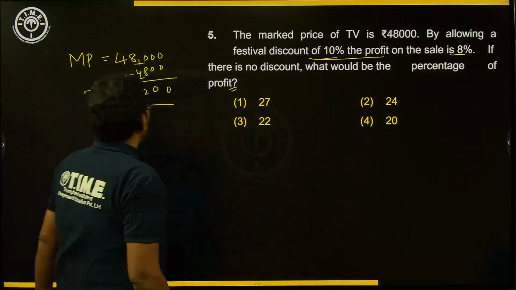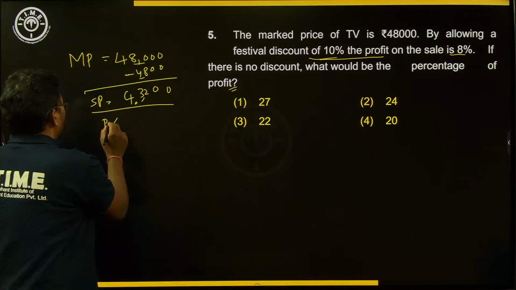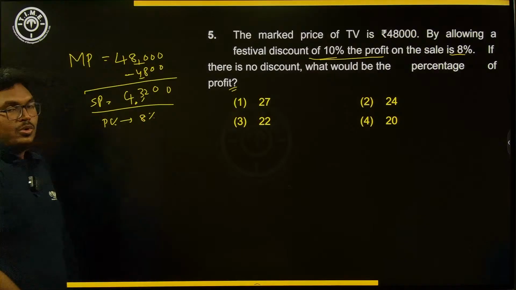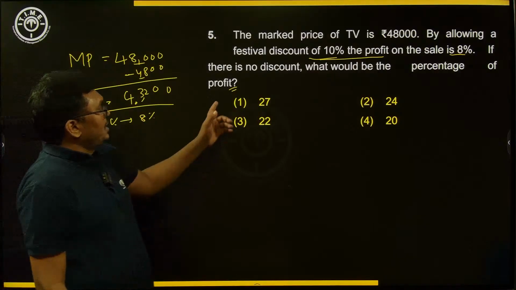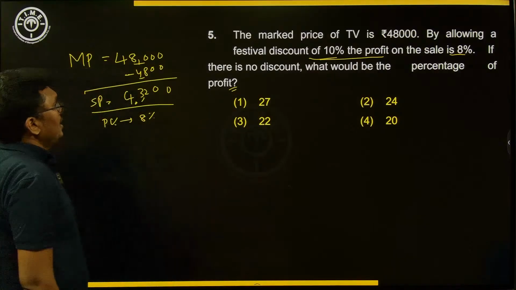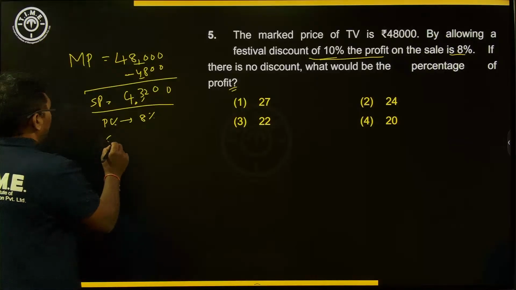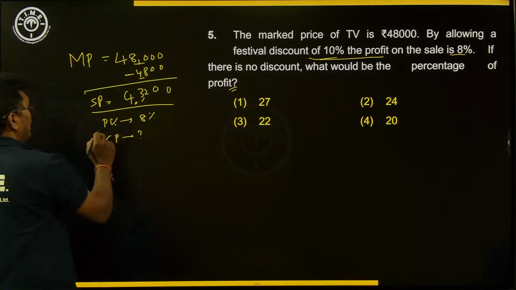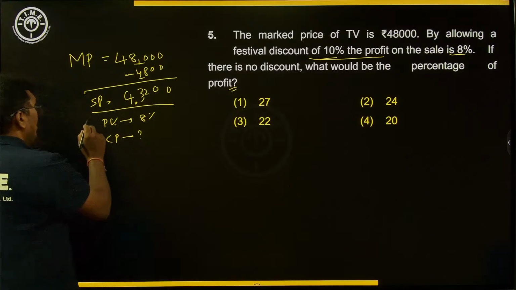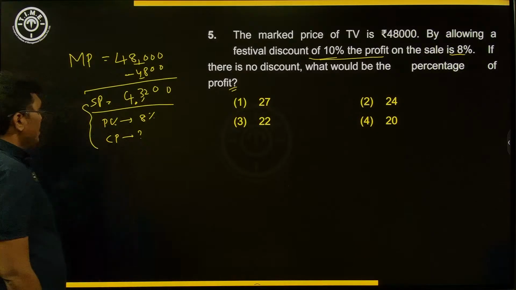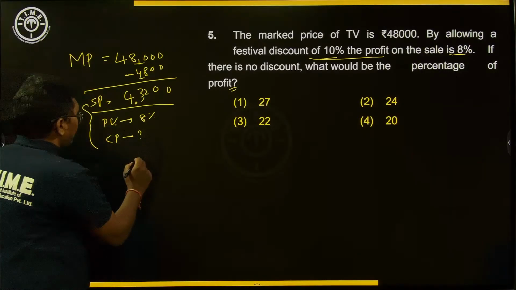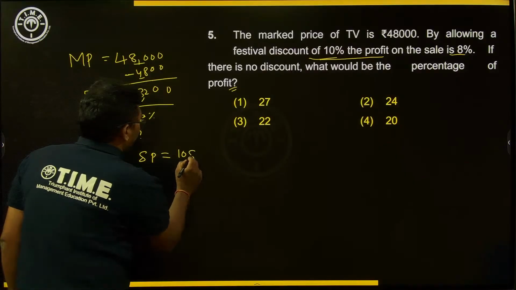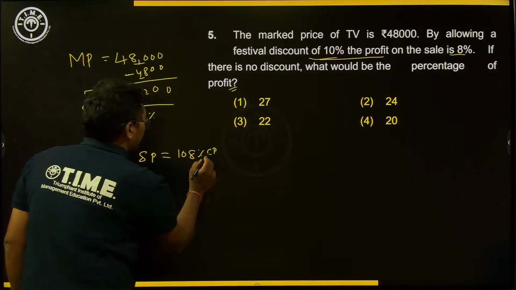So profit is 8%. To find the profit percentage in the second case, we need to find the cost price. Cost price is how much? Selling price and profit percentage are given. What is the relation among these three? 8% profit means selling price is equal to 108% of CP.